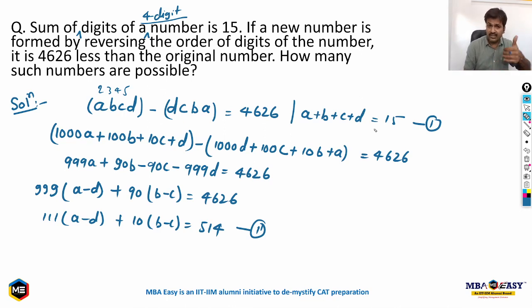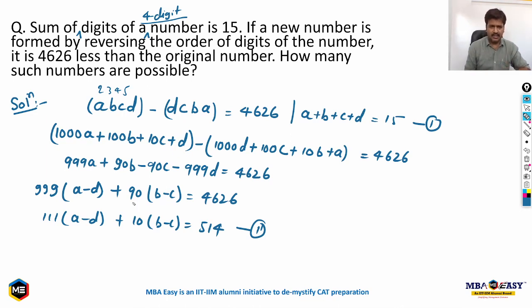So with this extra information in hand, we will have a finite number of solutions and not an infinite number of solutions. That is the basic learning here. In spite of having fewer equations than unknowns, you may get a finite number of solutions because you will have something else known about the variables. Here that something else is that they are digits, and therefore they will take values only from 1 to 9 or 0 to 9, right?